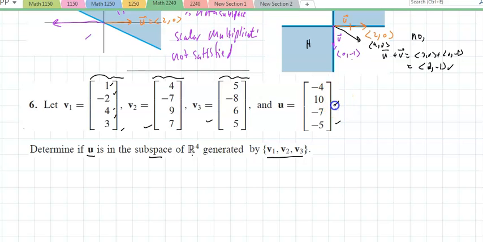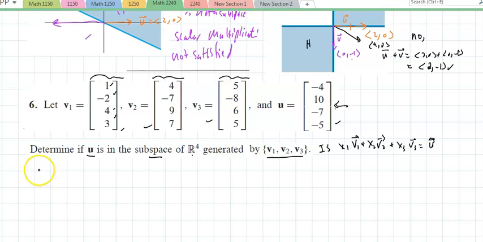They're asking, is U in there? Well, the easiest way to show that is really to change the question and ask, is x1 v1 plus x2 v2 plus x3 v3 equal to U?